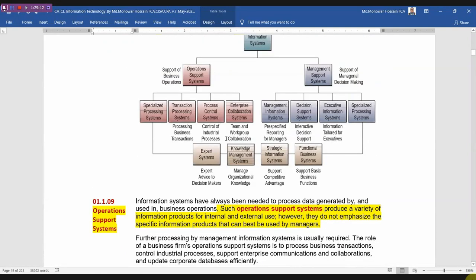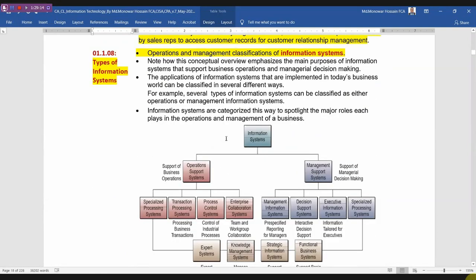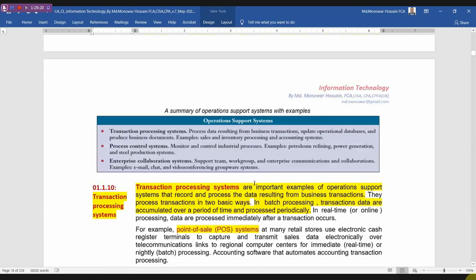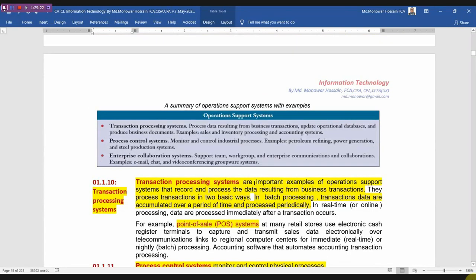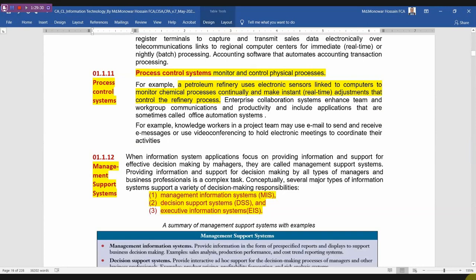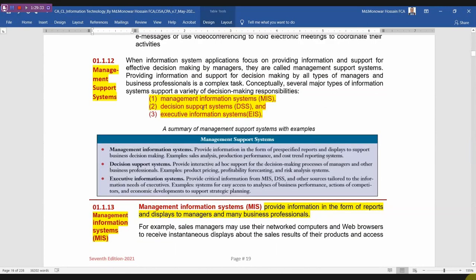There are basically 2 types of information systems, operations support systems and management support systems. Operations support systems include transaction processing systems and process control systems. Management support systems include management information systems, decision support systems, and executive information systems.